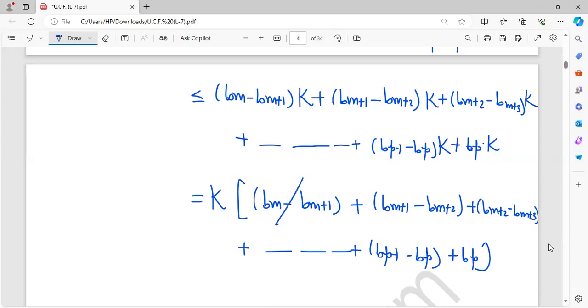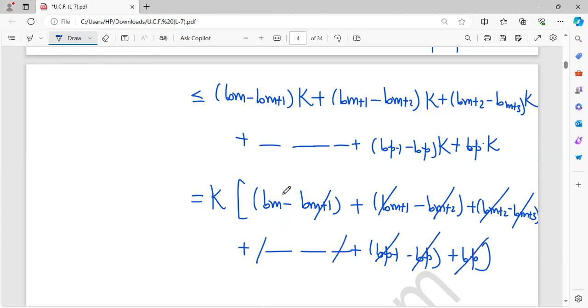Sorry, Bm plus 1 cancels out by the Bm plus 1 here, and Bm plus 2 cancels out by this one. This will be cancelled out somewhere from here, and this will be cancelled out somewhere from here. And finally this is cancelled out.